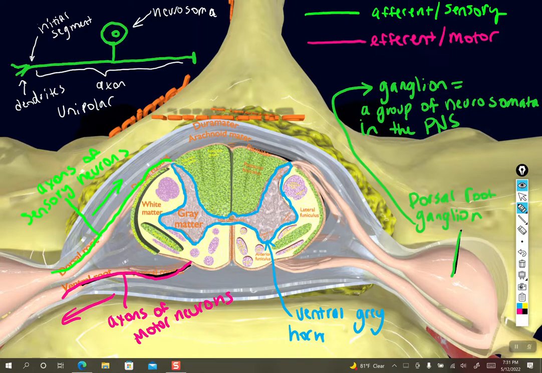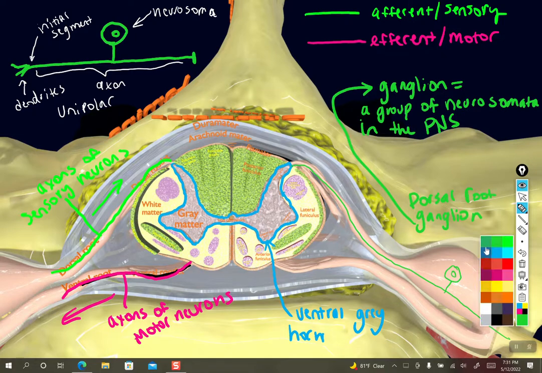So if I was going to draw our little incoming sensory neurons, you have to put their little neurosomata somewhere, right? And so they all hang out together in the dorsal root ganglion.